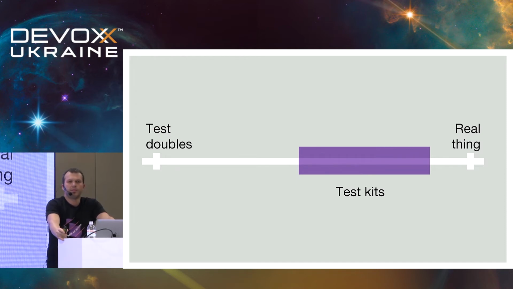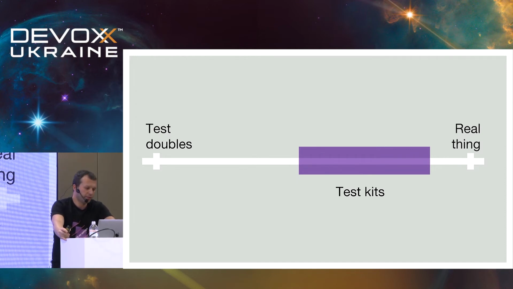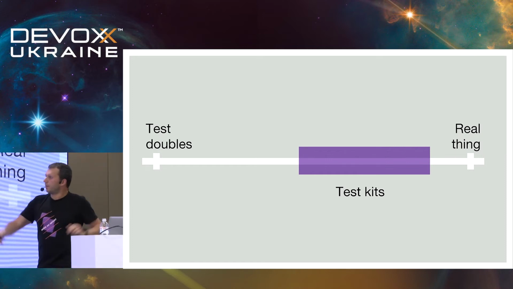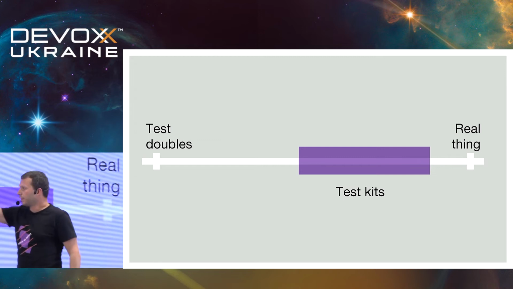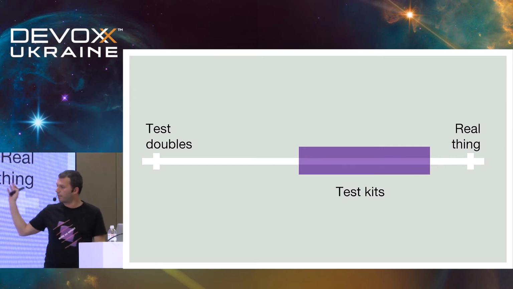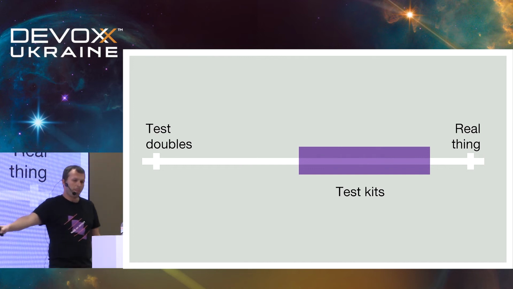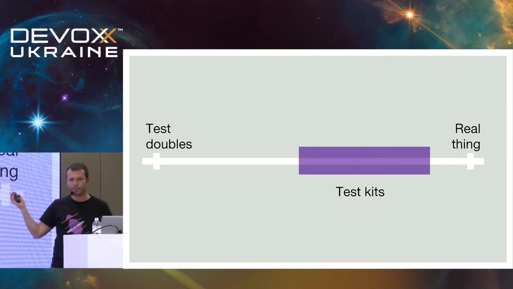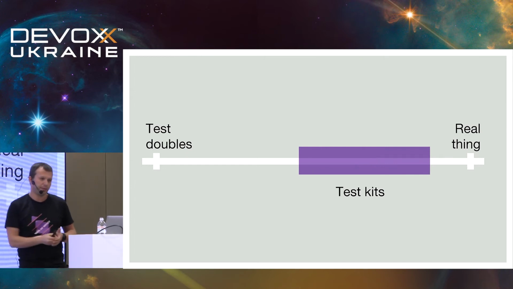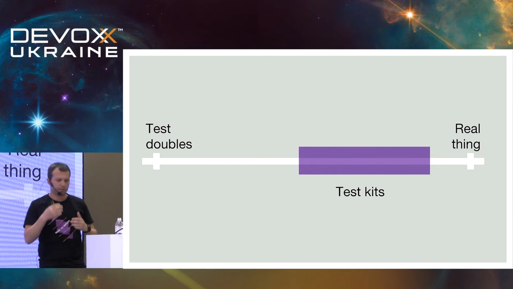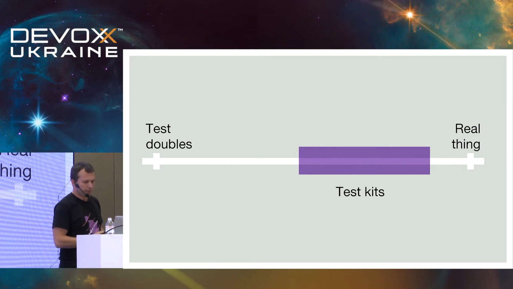So I said before, it's a lightweight version of the real thing. And there is this bar between test double on this side and the real thing here. And it's somewhere in between. And the point is that you decide where you want to be. It really depends on the use case, on the situation, on your company, on your culture, on a lot of things.